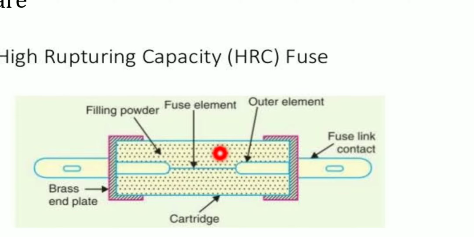The powder might be either quartz powder, chalk or marble dust. So what does this powder do? It acts to quench the arc, nothing but the spark. Whenever a spark-over occurs, only then is the fuse wire going to be blown out.